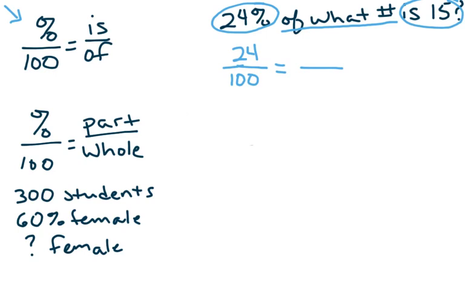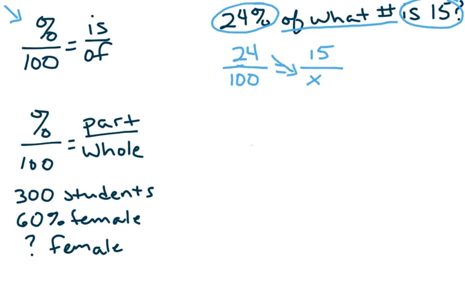So that 15 is touching the word is, so that goes on top, because the formula is is over of. And then it says of what number. Since it says of, that's your variable. That's what you're searching for. Well, proportions, again, have only two steps. You're going to cross multiply.